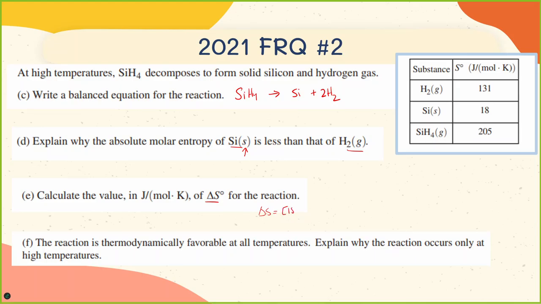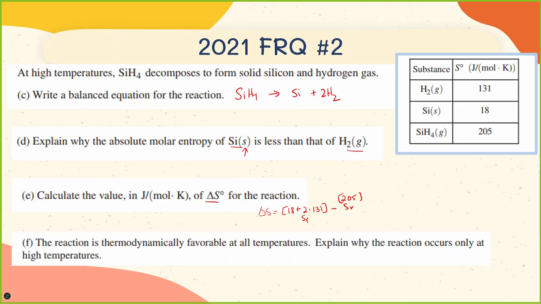For the product, we have 18 for the silicon, and 2 times the hydrogen, 131, minus the reactant, 205.